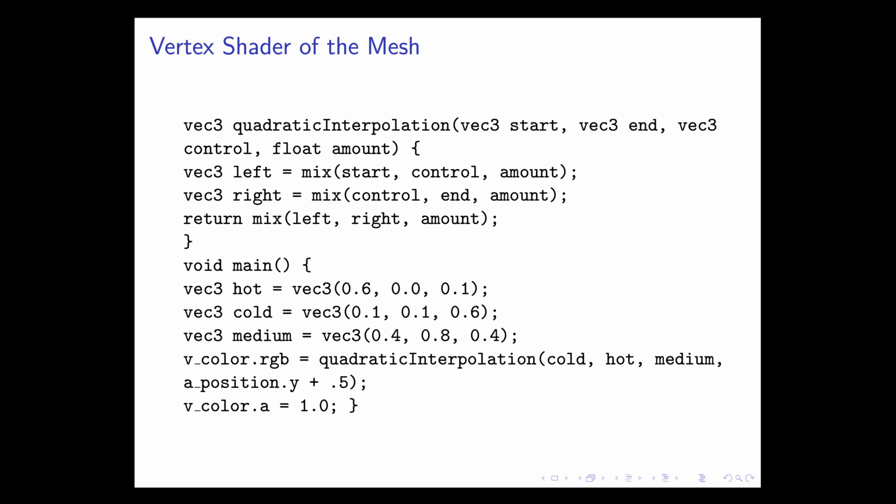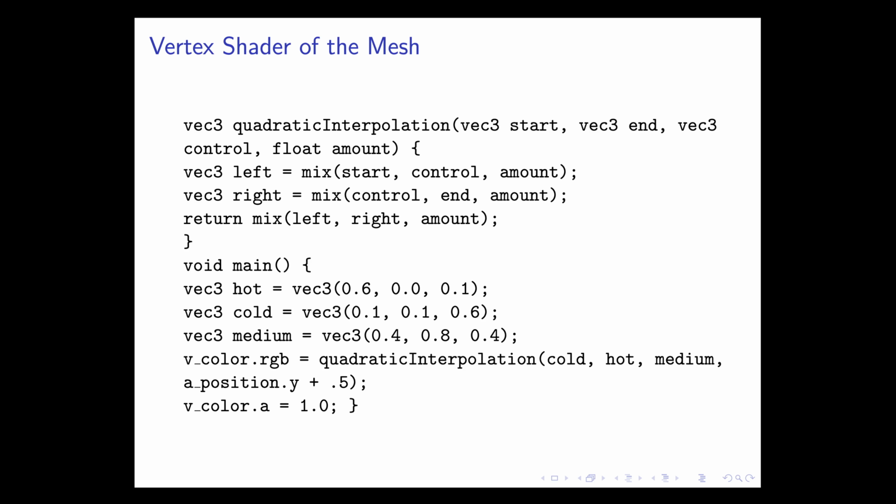And here's where we do this. I have this function, quadratic interpolation, inside of the mesh shader. It takes a left point and a right point, and it uses this mix function, which is built into GLSL. It's part of the GLSL specification, and mix does a linear interpolation between the first vector, the second vector, and the amount that you want.